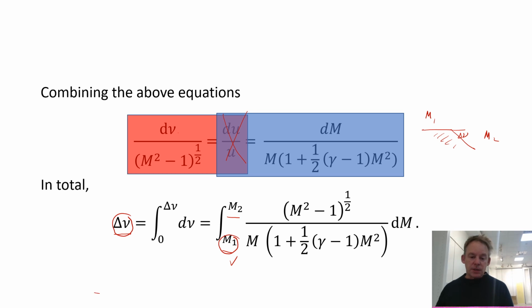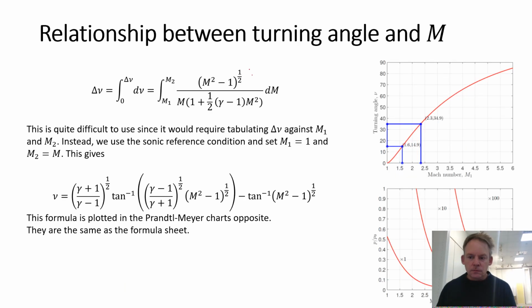So when we come to apply this, and we'll discuss a bit more next slide, we use a standard set of tables where we use a reference state of 1.